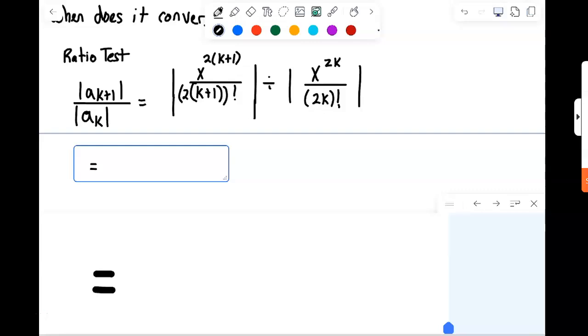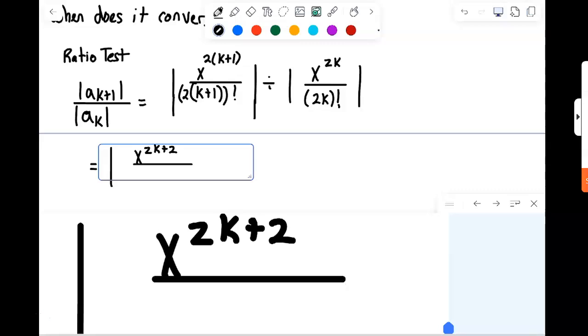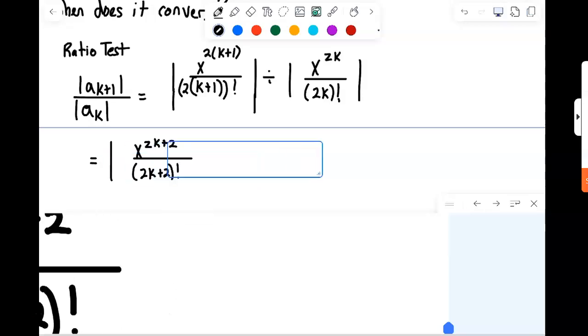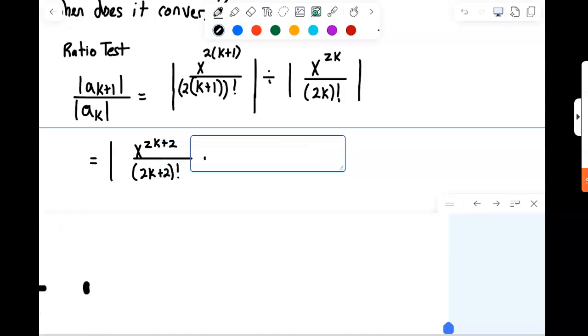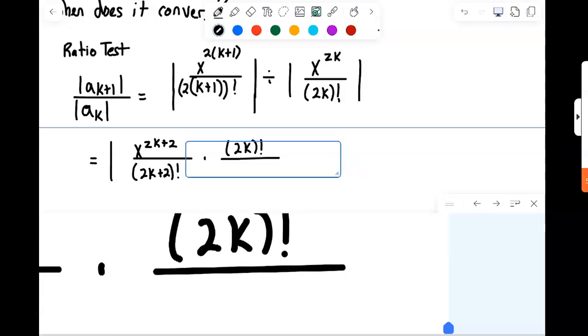So I'm just going to put all this together in one big absolute value. I'm going to have x to the 2k plus 2 on top, and I'm going to have 2k plus 2 factorial, and then that's going to be times 2k factorial on top over x to the 2k.